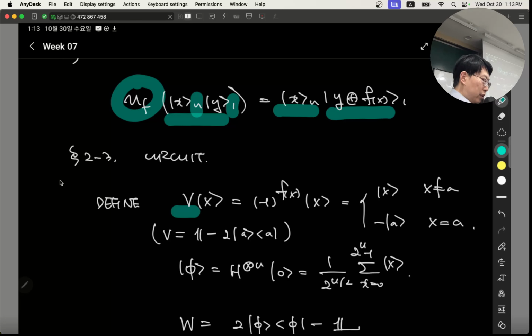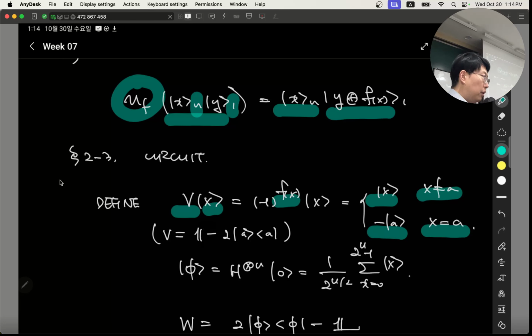The first operator is V. V is changing the base state x to plus x or minus x, depending on f of x. If x is not A, then f of x is 0, so it keeps the x. But if x is A, then it returns minus A.